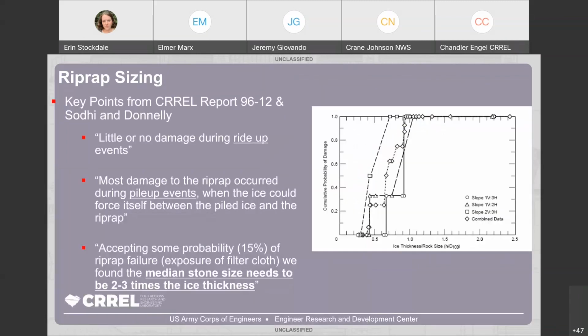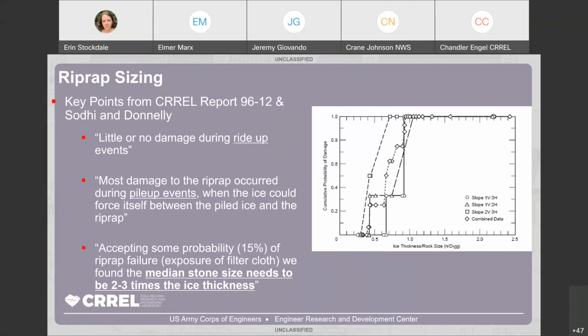In the 96-12 report, the main items to note here: little or no damage generally occurs during ride-up. Most riprap damage occurs during pileup events.